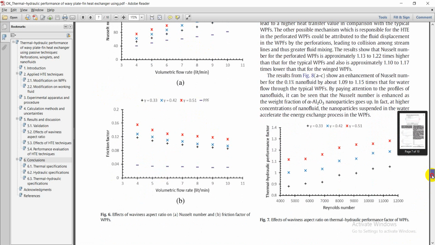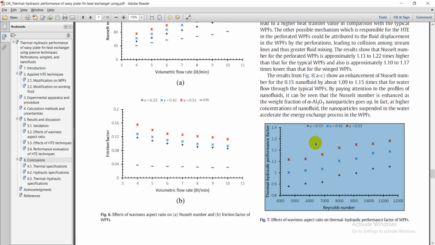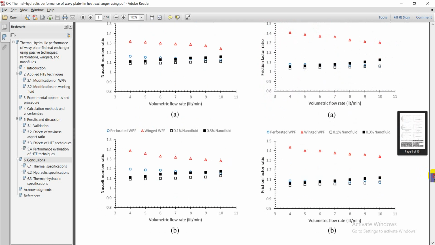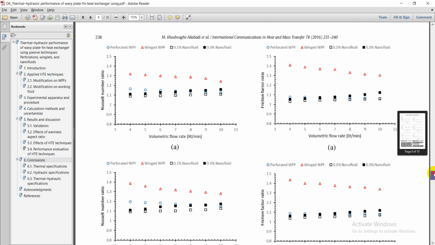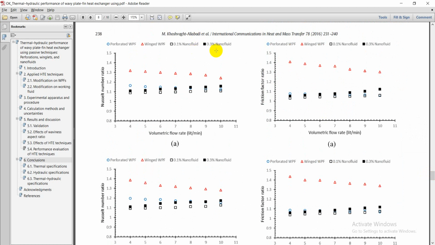Alright. And the thermal hydraulic performance, you can see this figure, this one, also showed that the highest thermal hydraulic performance factor was with the 0.51 also. From another figure, we can see for the nanofluid, for example, 0.1 and 0.3% volume fraction of nanofluid.